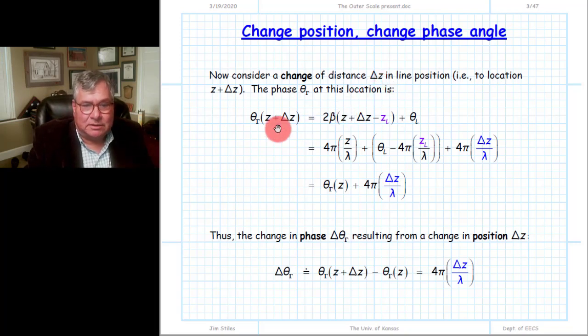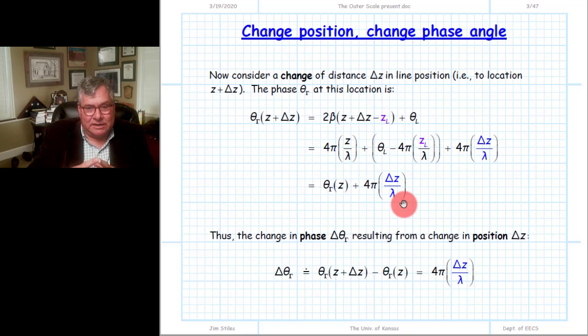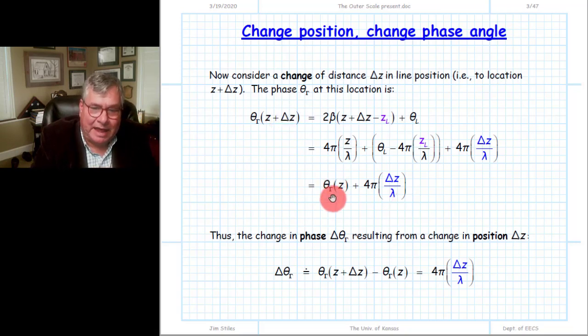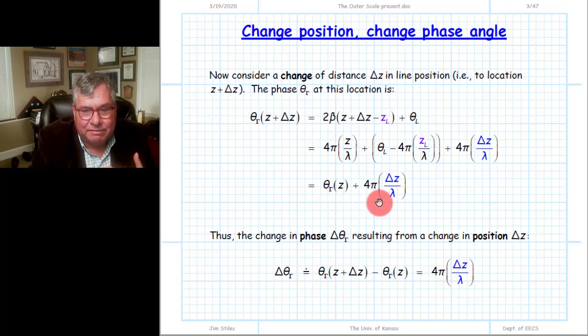Well, we can insert it into our equation and do a little algebra, and what we come up with is this result. The phase at some location Z plus delta Z is simply equal to the phase at our original location Z plus a value of 4 pi times delta Z over lambda.